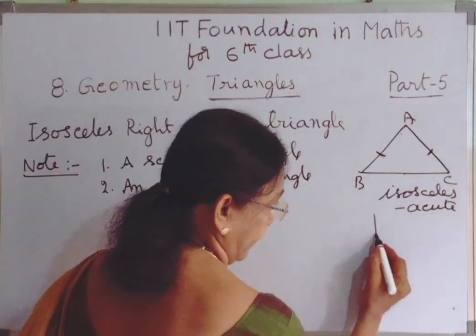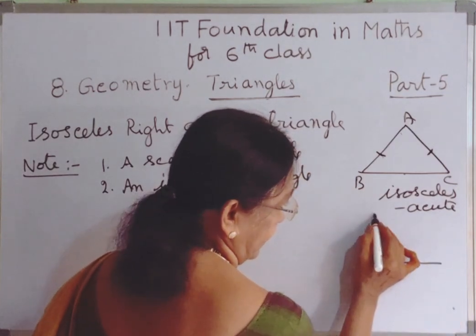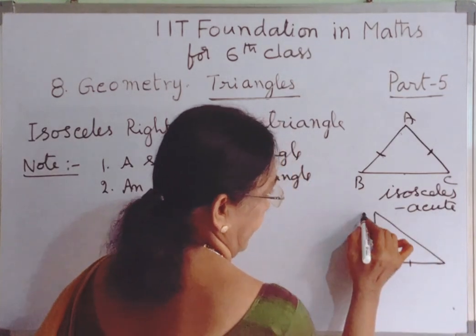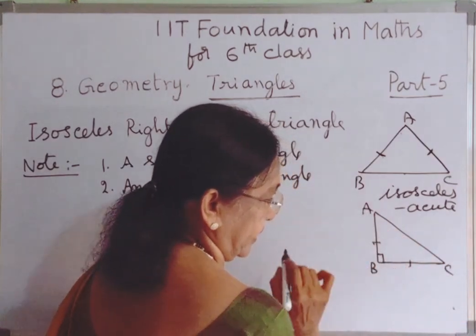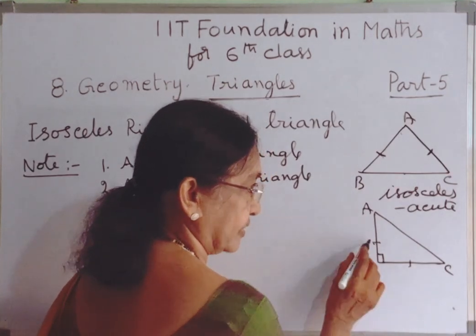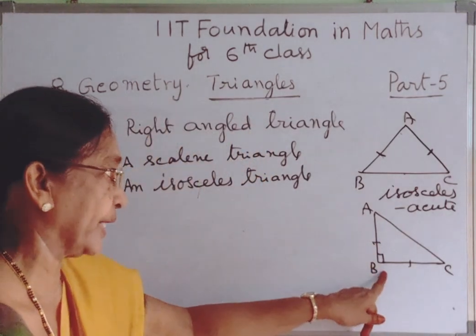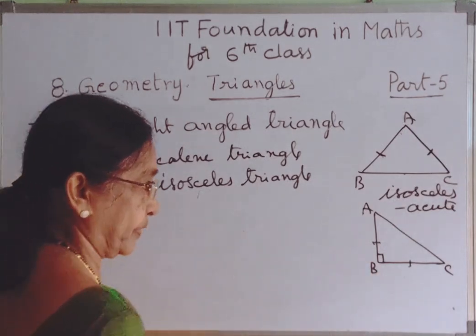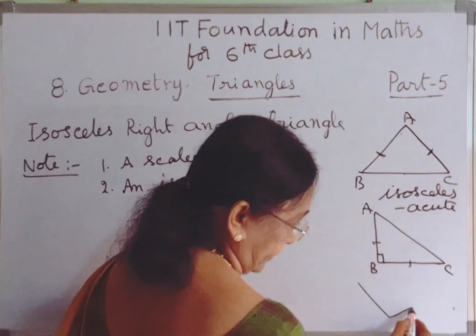And if we take a right angle such that two sides are equal, let it be ABC. These two sides are equal and it is a right angle. This is different. This is a right angle triangle as well as isosceles. Therefore, an isosceles triangle may be a right angled triangle. And also an obtuse angled triangle.